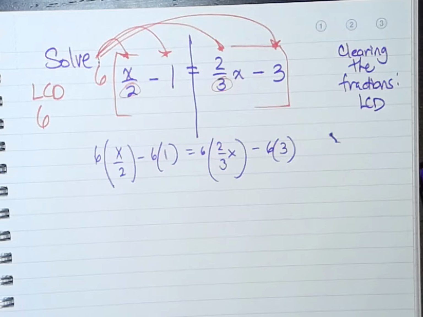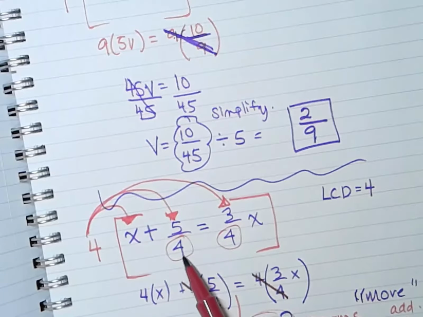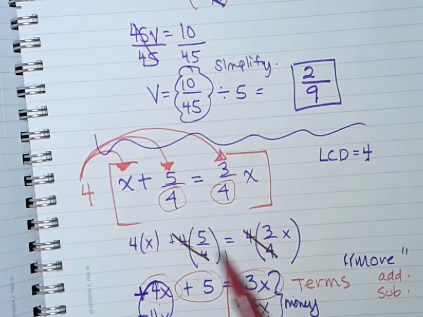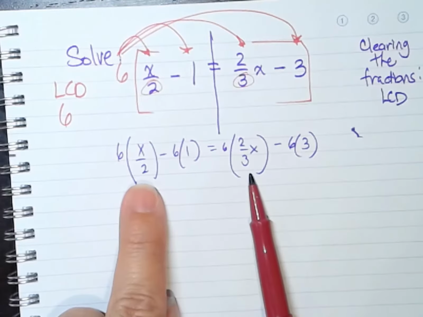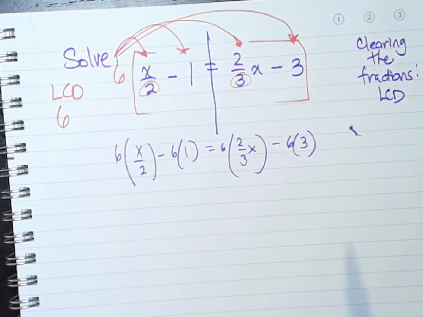So now this one's not as nice as the other ones, because on the last 2 problems that we did, we were so lucky because the LCD was the denominator. And so then what happened? They just canceled out, right? But on this one, we don't have 6's down here. So what do you think is going to happen? Does 2 go into 6?